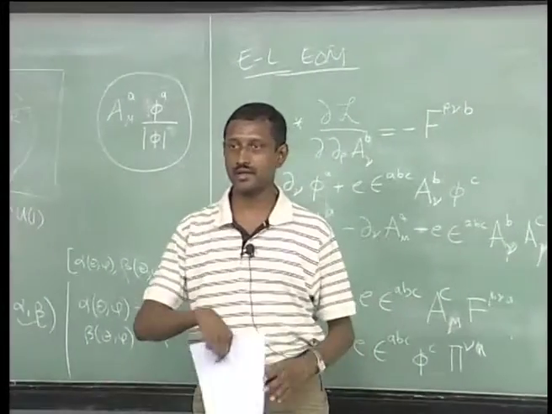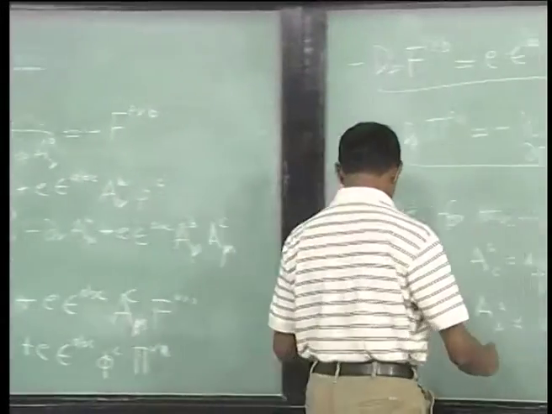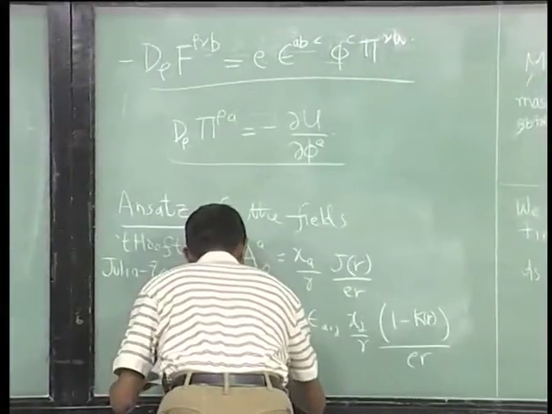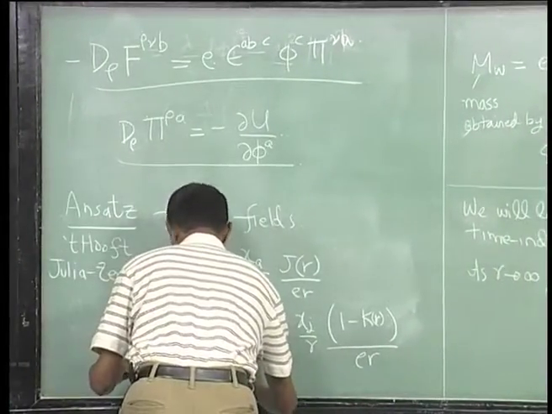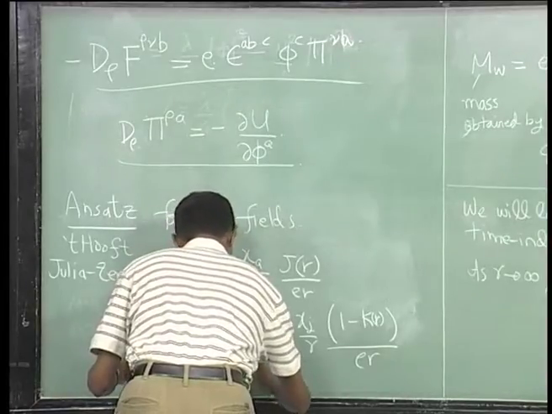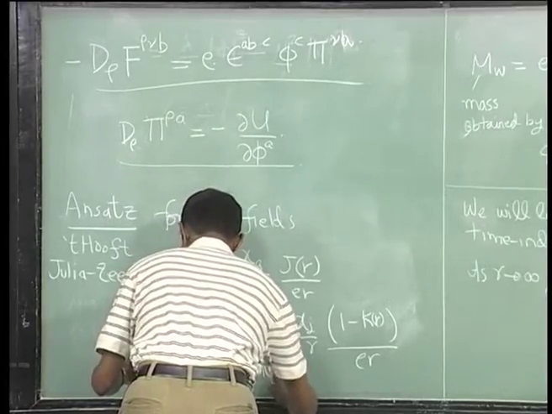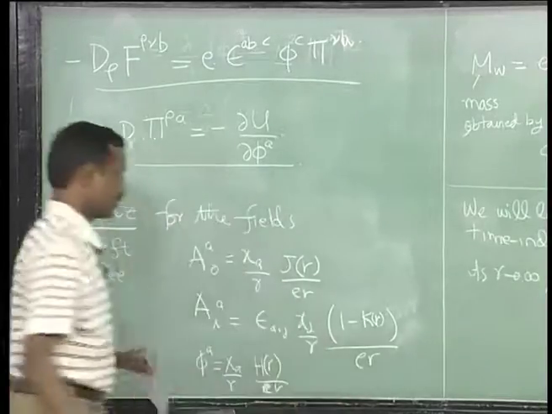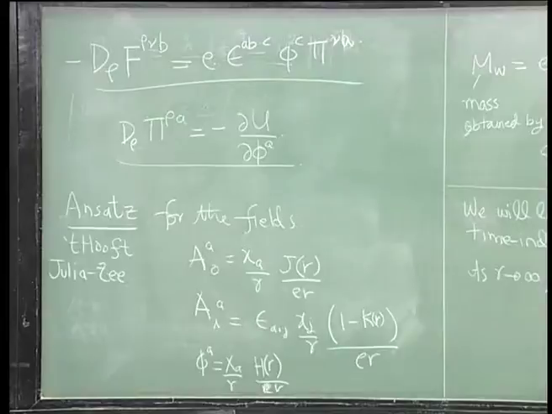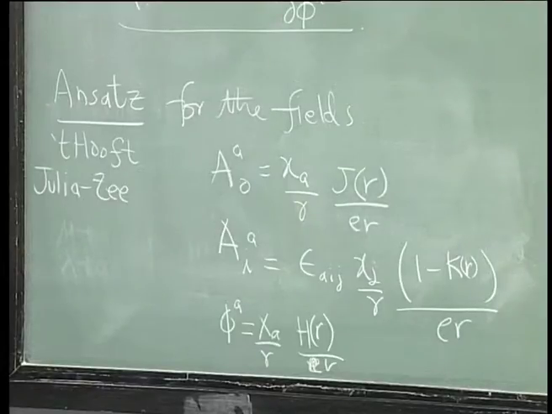That is taken care of, and the last bit is phi_a equal to x_a by r, times H. So there are 3 unknown functions: J, K and H.